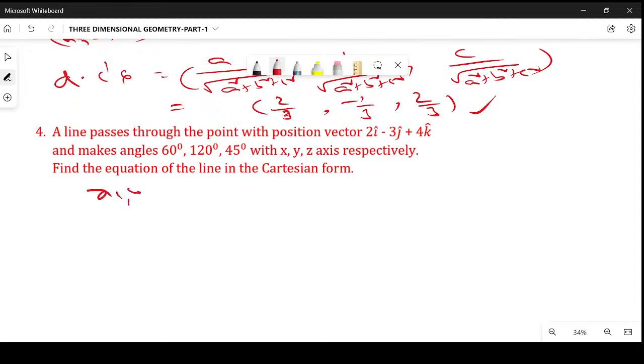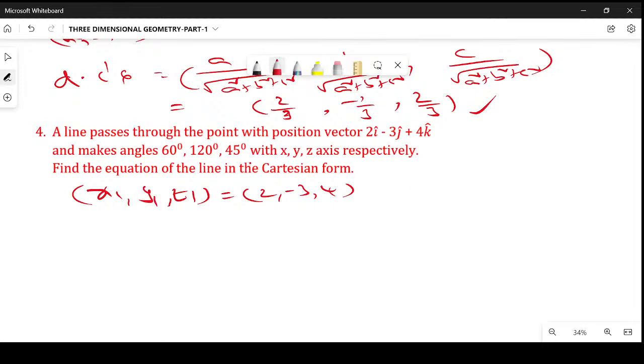So we have x1, y1, z1. This line passes through the point, which is the vector 2, minus 3, 4. Taking the vector, there is a point x1, y1, z1. Be careful here: x1, y1, z1 is the point.